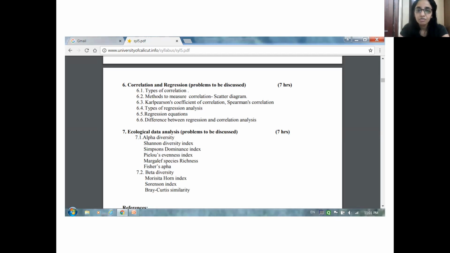This is one part which usually the statisticians do not use, but rather it is purely used by ecologists and biologists. And not only that, many of the theories which we study here in ecological data analysis are also very important in various other scientific papers like paleontology, etc., etc.